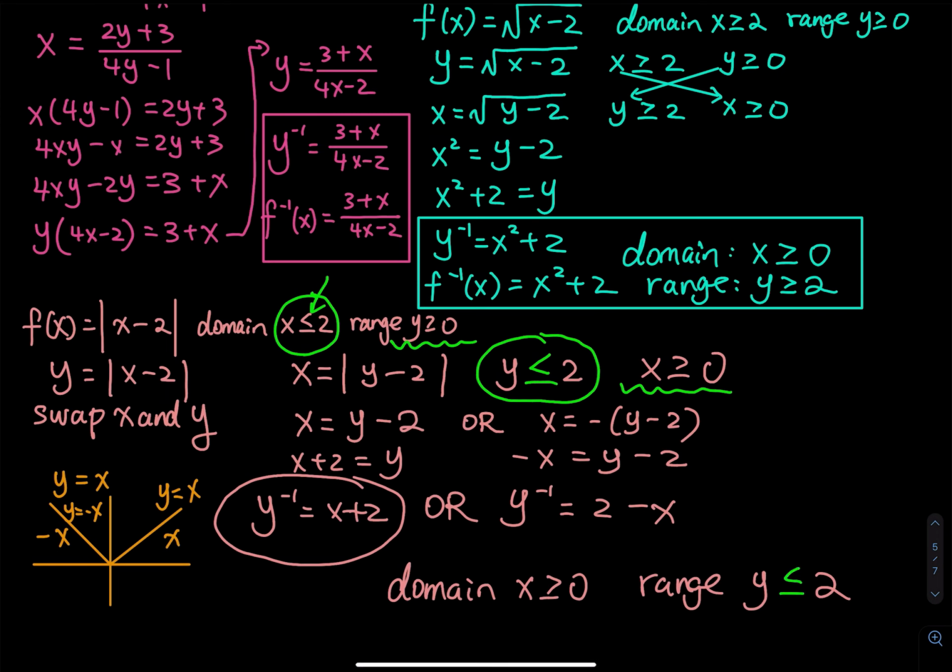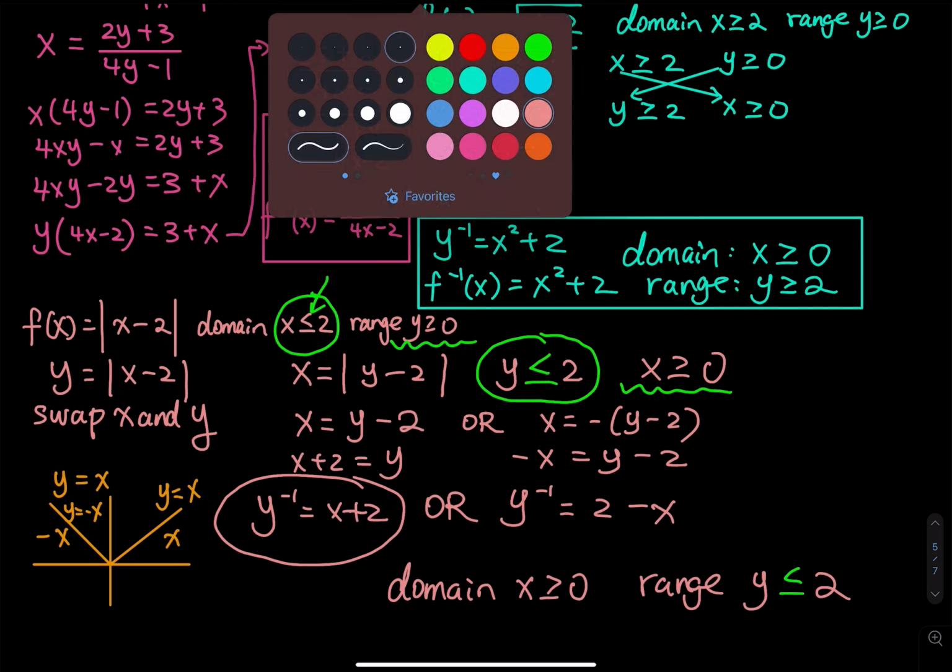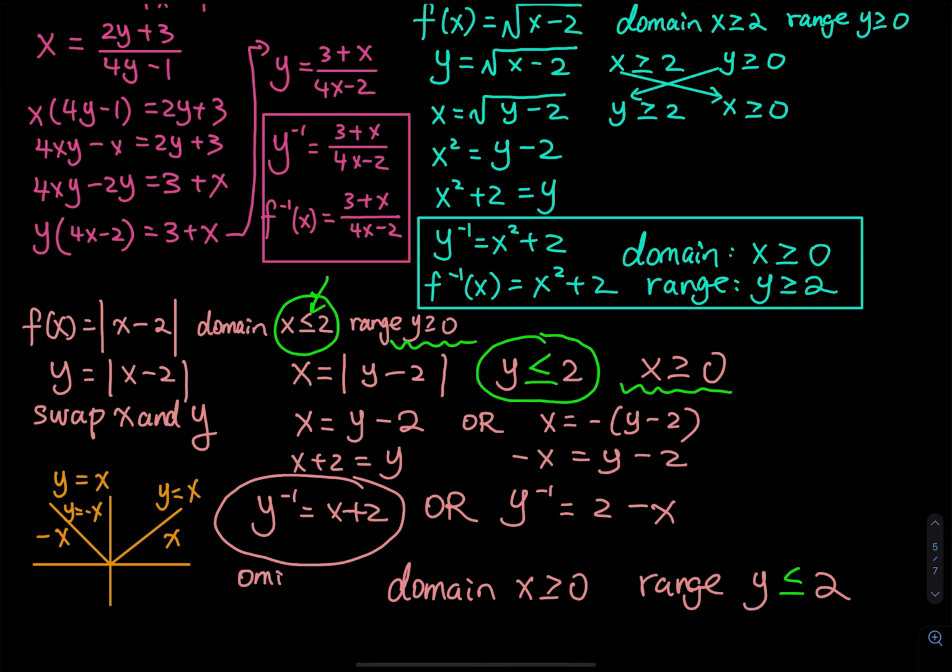So this one, when you pick the first piece, when x is large, so let's say x equals 10, 10 plus 2, then that is not less than or equal to 2. So basically this one we have to omit. That does not satisfy the domain.